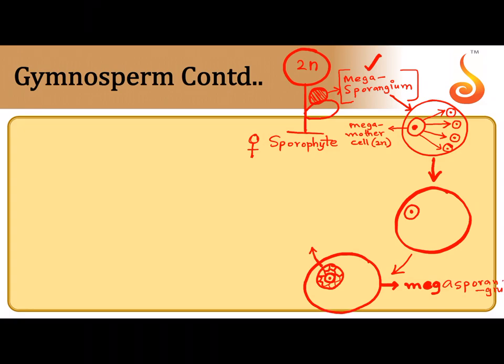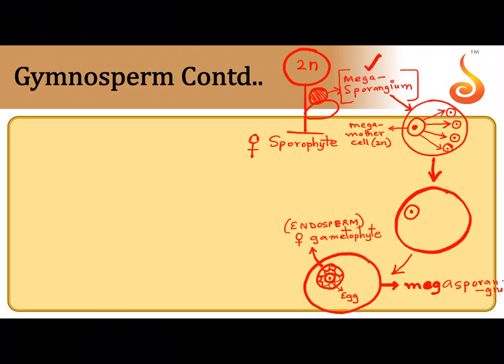And now the megaspore, which didn't want to get out and is still sitting inside, has become a female gametophyte. In the case of gymnosperms, we call the female gametophyte endosperm. Don't confuse between gymnosperm and angiosperm, because in angiosperm, endosperm is different. And inside the female gametophyte there is an egg.